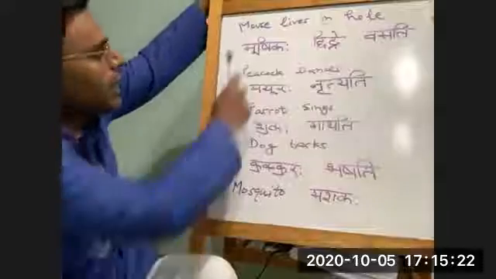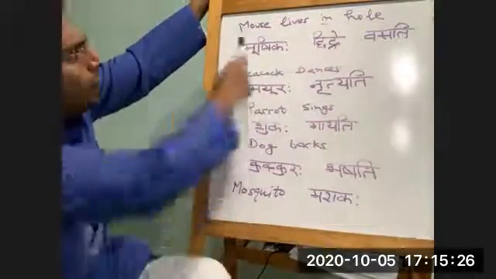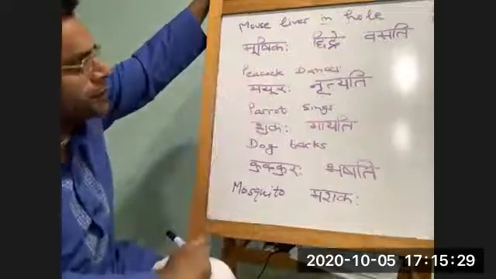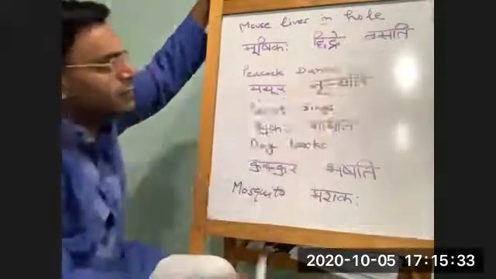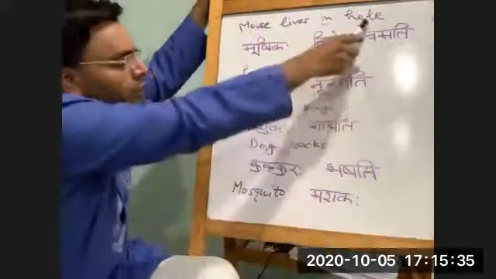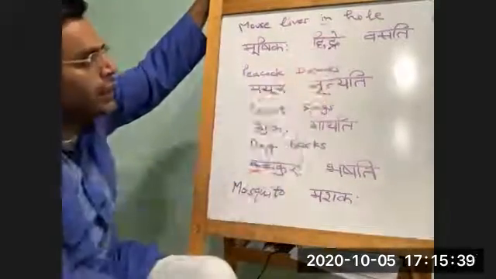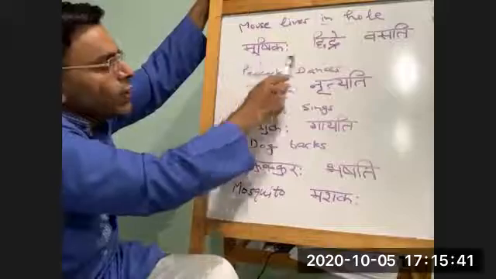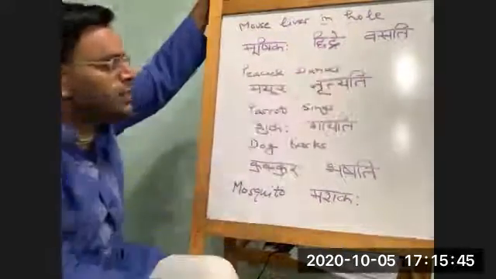What's written here? A mouse lives in a hole. Okay, so mouse is mushikaha. Live verb is vasa. And hole is chidra. So in hole means chidre and lives, so it's a singular person, so it will be vasati.